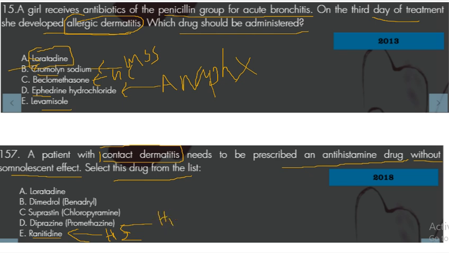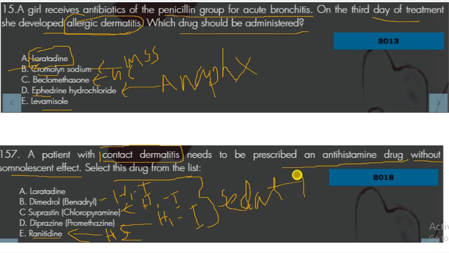Promethazine is H1 first generation. Suprastin or chlorpyramine is also H1 first generation. Benadryl is H1 first generation. Everything shows a sedative effect. Loratadine is second generation, no side effect, no sedative effect.